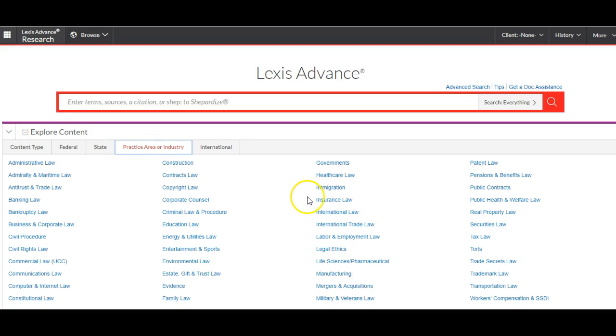So this is just in regular Lexis, it's not the Practice Advisor. So this will bring together all the different resources we've talked about. So if we were looking at real estate or real property.